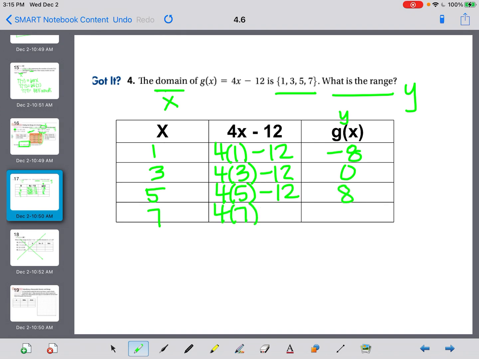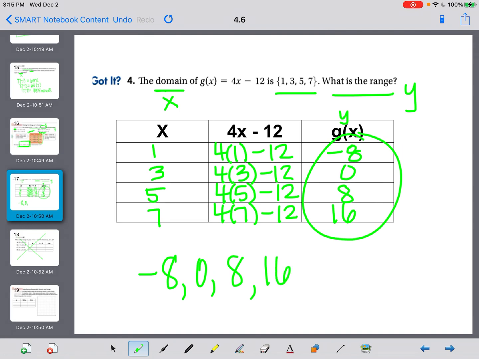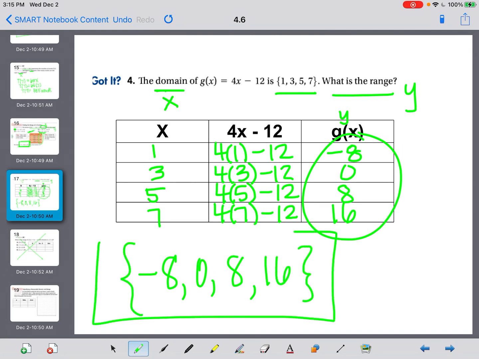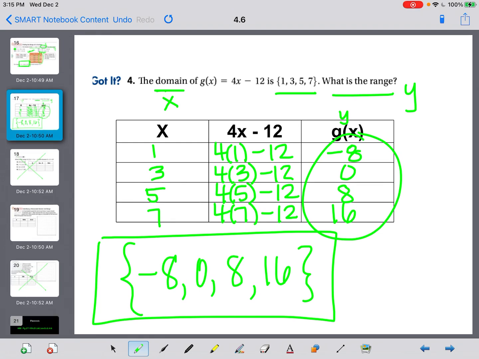And 4 times 7 is 28, minus 12 is 16. We're going to list them in numerical order. So negative 8, 0, 8, 16, put them in brackets, and that's my final answer. Those are my range values.